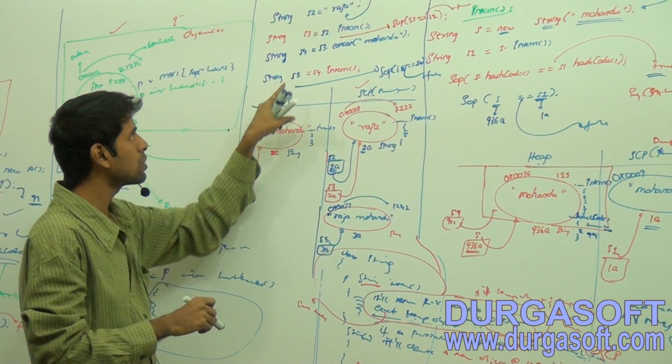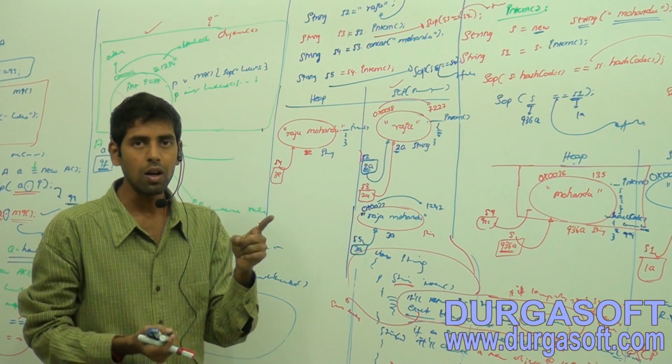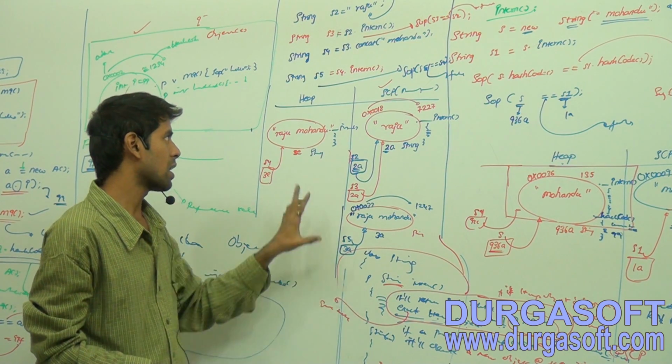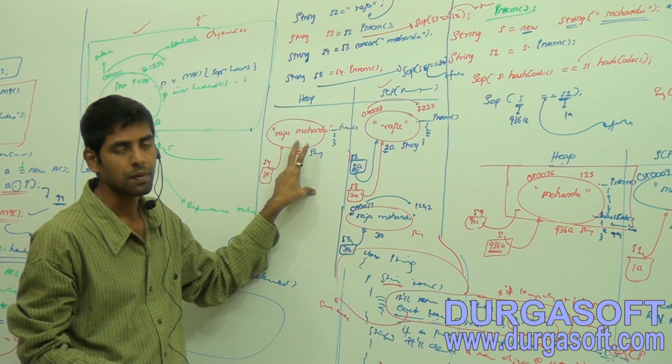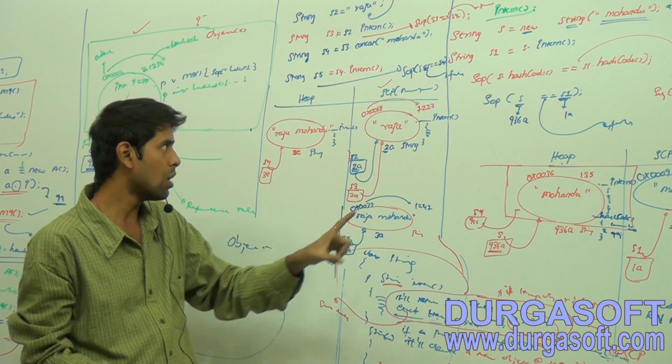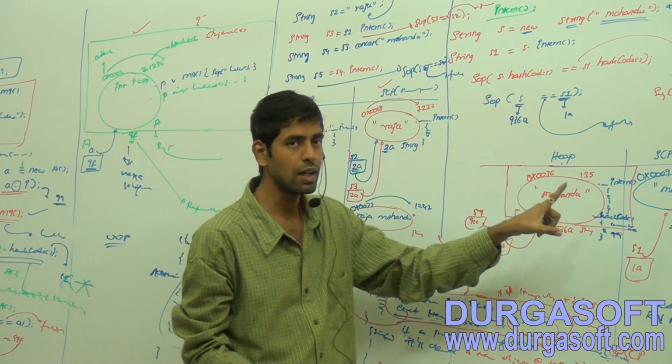Now observe this. What if the corresponding heap object data is not available with any of the objects available at SCP?